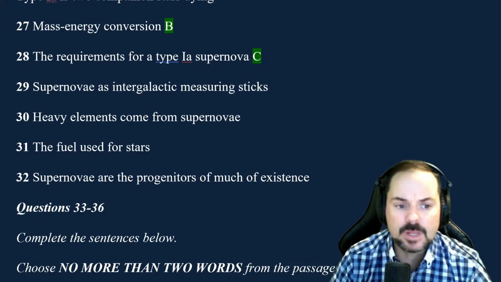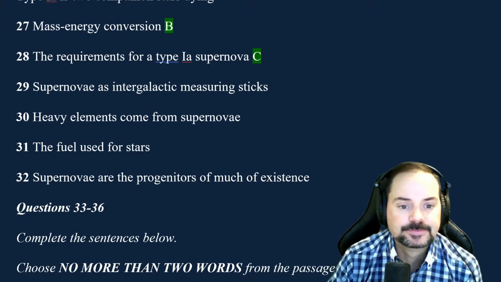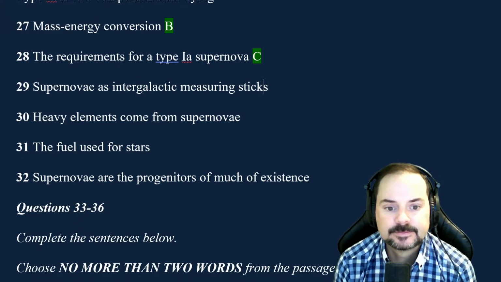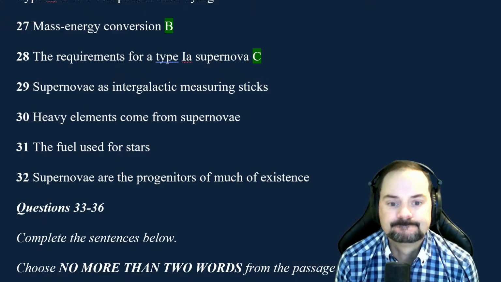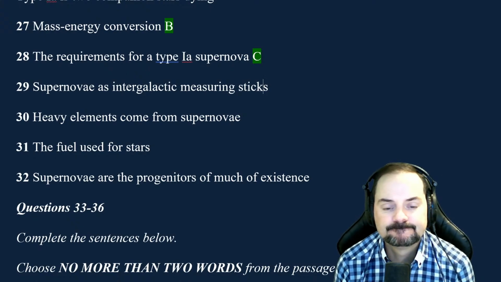Okay, number 29, read that one for me, please. Okay. Supernova as intergalactic measuring sticks. Which one is that? So actually I joined a bit late, so I cannot guess.